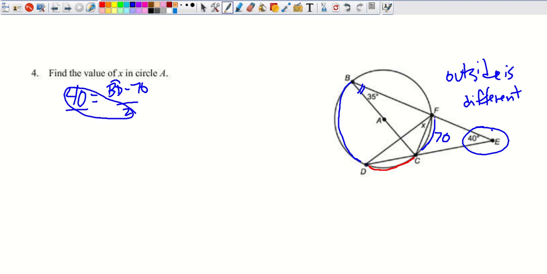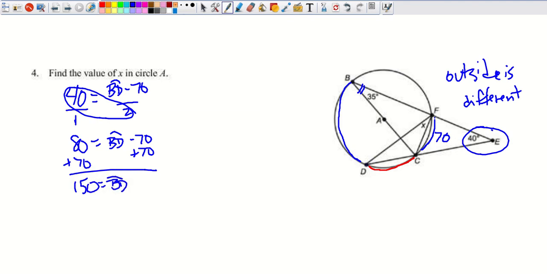We're going to cross multiply to solve with our proportion. We get 80 is equal to BD minus 70. Then we add that 70 to both sides and end up with arc BD equaling 150.